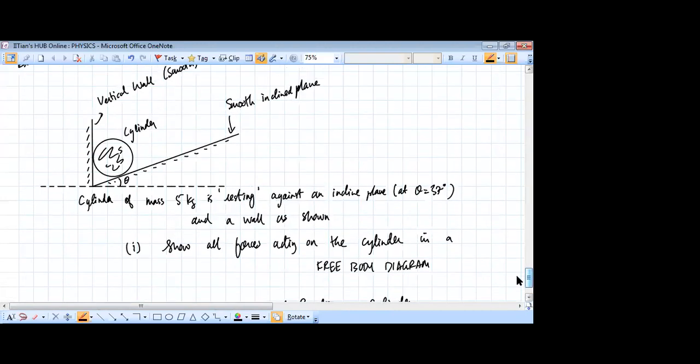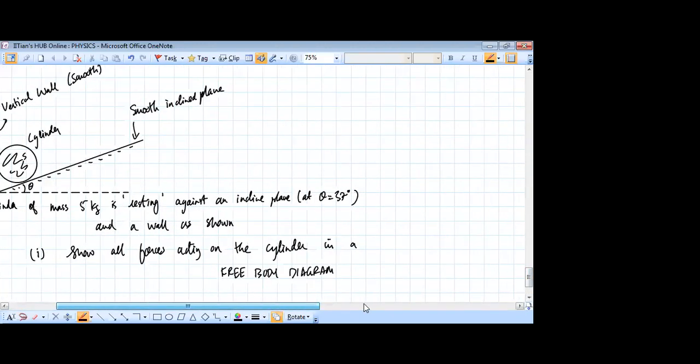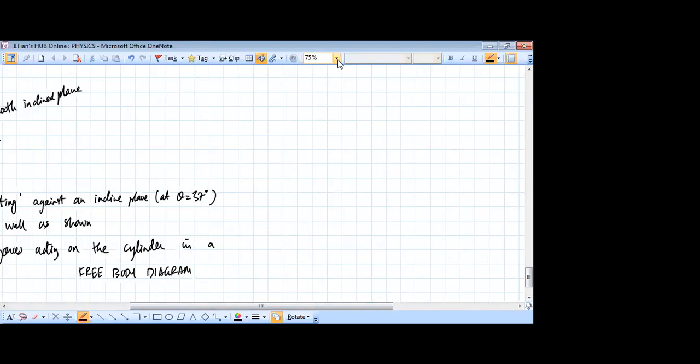So before you start this problem, let me explain the term free body diagram again. In short, we call it FBD.